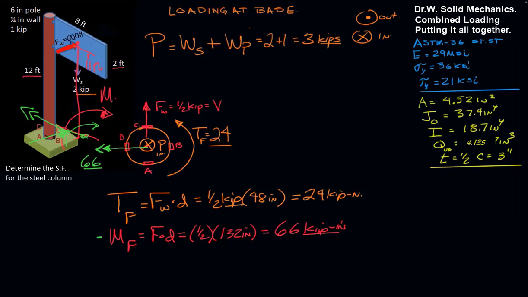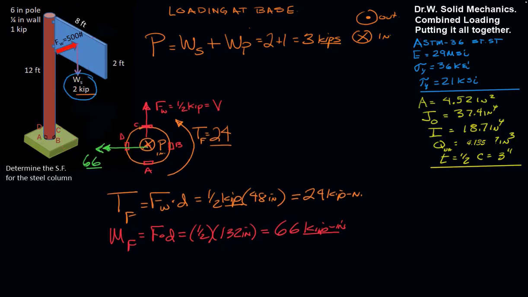We inherit it directly, but then bring any moments it generates. And it generated a torque about the pole, and it also generated a bending moment about the base due to that height above there. Now we're almost there. This weight of the sign is going to generate a moment of 2 kips times 4 feet.